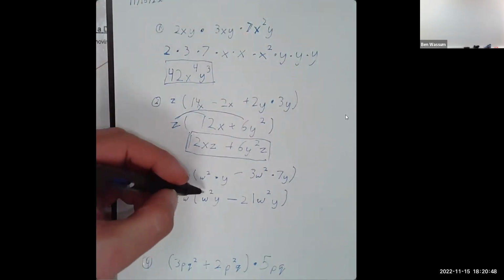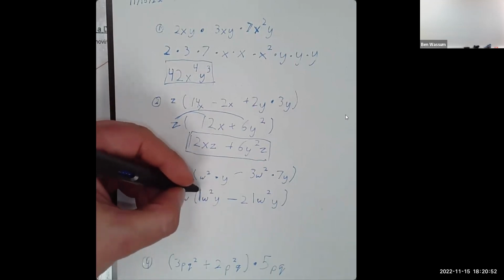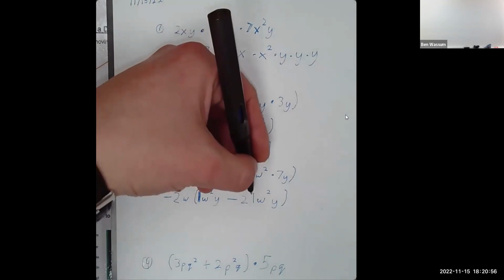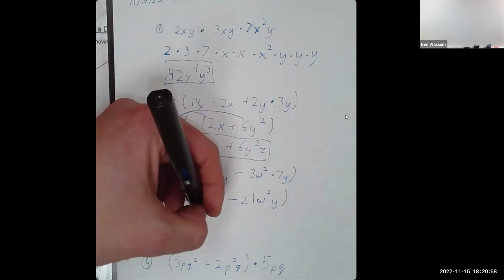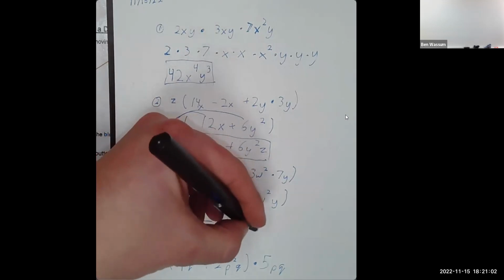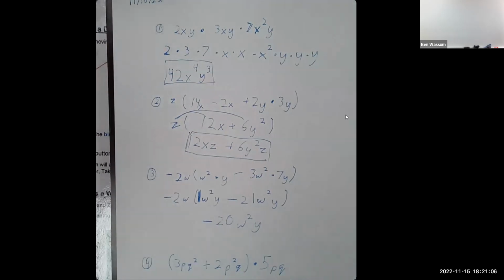But no, what you think of is I have one of these right here. So you think of this as being a 1 w squared y. So 1 minus 21 is going to be negative 20 w squared y. So just negative 20 of whatever those variables are.